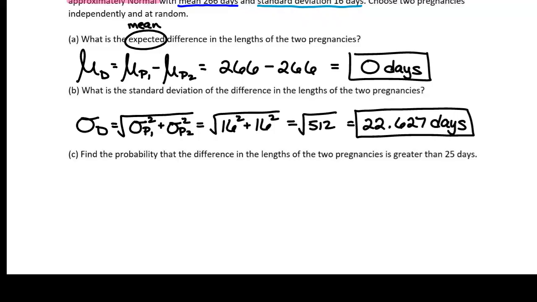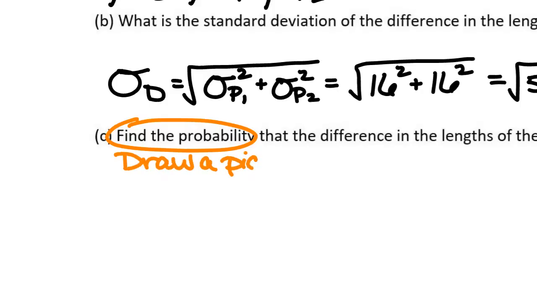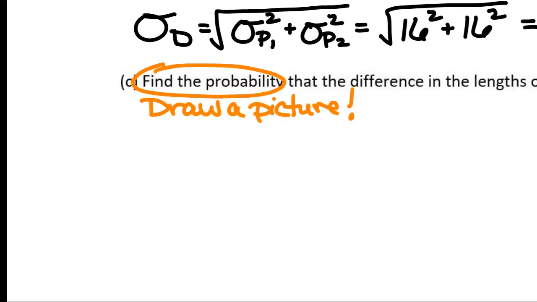Find the probability that the difference in the lengths of the 2 pregnancies is greater than 25 days. Whenever they give me a probability or it says find the probability and it is normal, draw a picture. If you don't draw a picture, yes, you will lose points on questions like this.